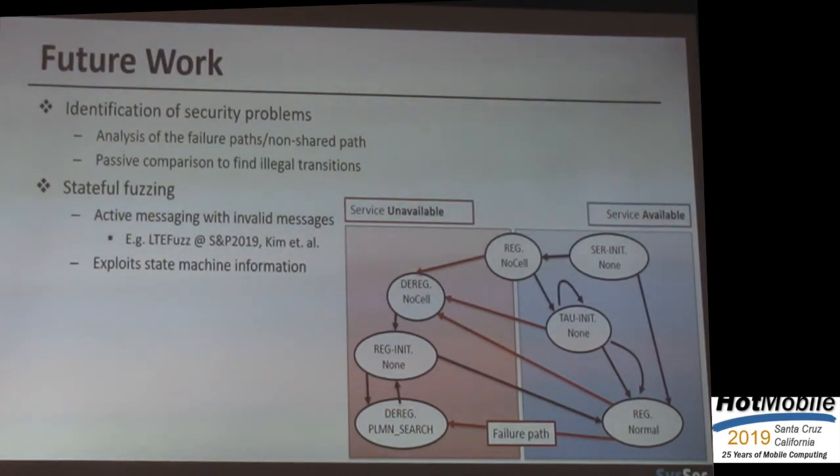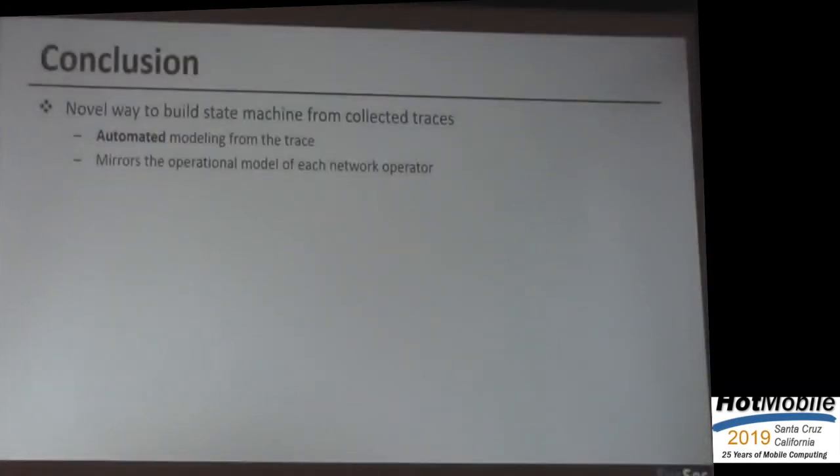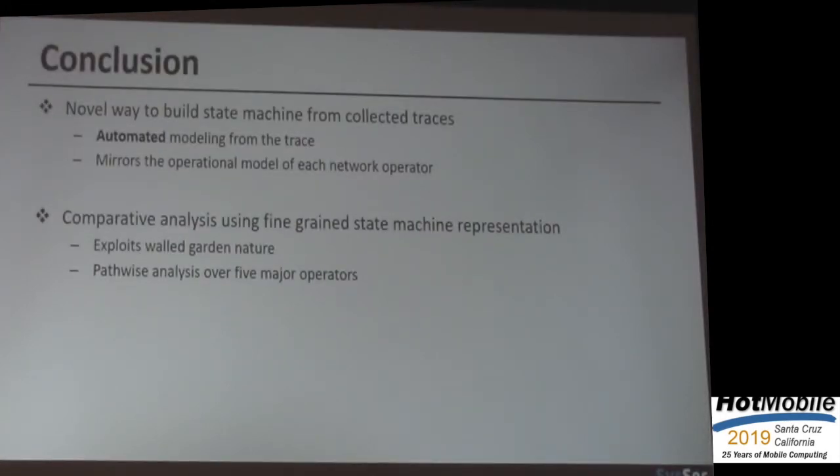So in conclusion, we present a way to build a fine-grained state machine of the cellular network via trace-driven modeling, thus requiring less effort for examining the standard. With this, we highlight the comparative analysis, which exploits the walled garden nature.